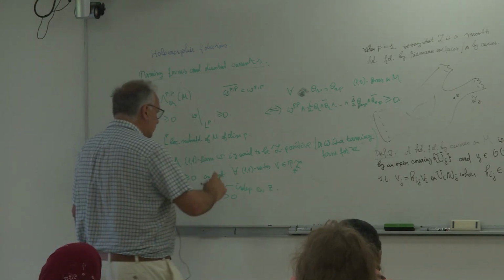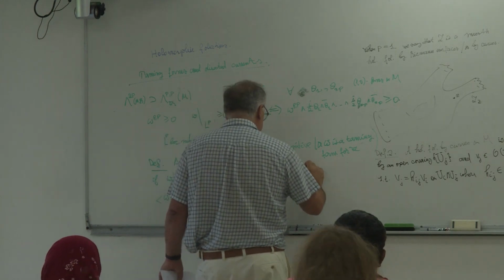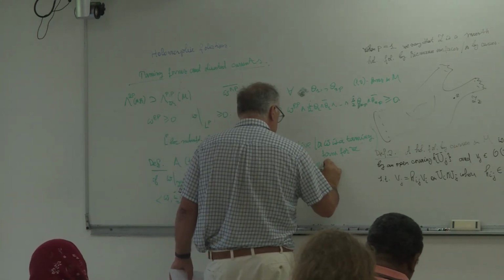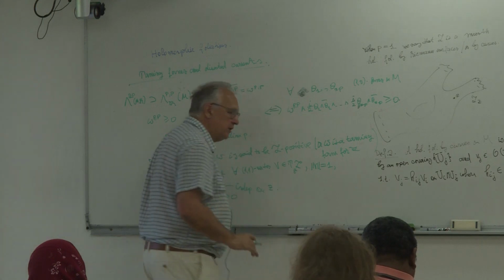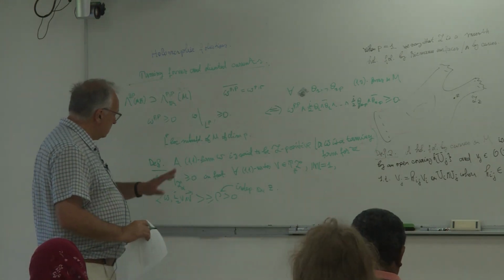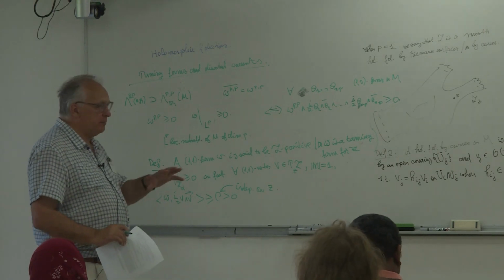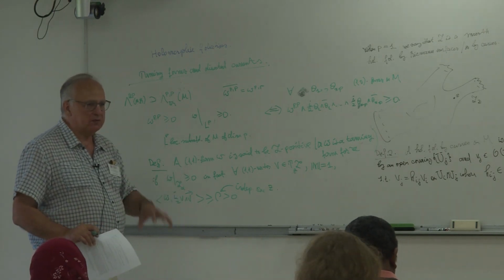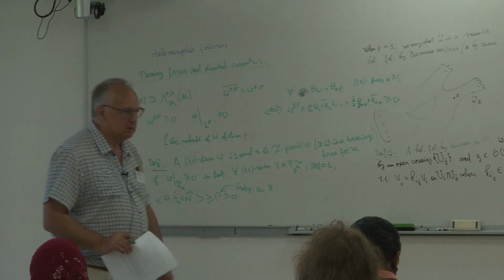For any (1,0) vector of length 1, so you fix some Hermitian metric. Okay, so a taming form gives you an area form on leaves. Okay, that's it. Thank you.